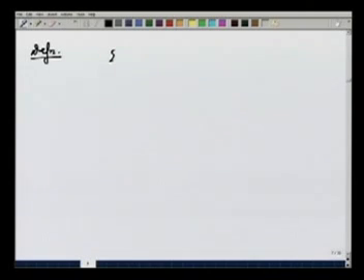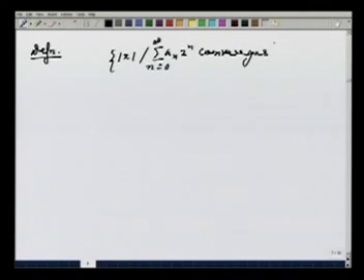So I am going to look at mod x such that the sum from n equals 0 to infinity of a_n x^n converges. Notice that it can happen that a power series a_n x^n converges for x, but it does not converge for minus x. That can happen. We will see some such example.